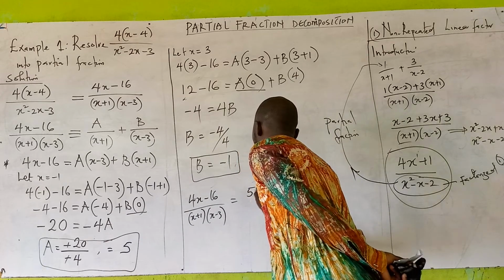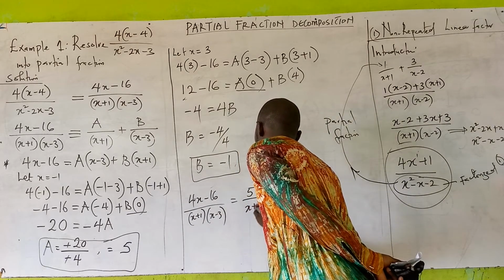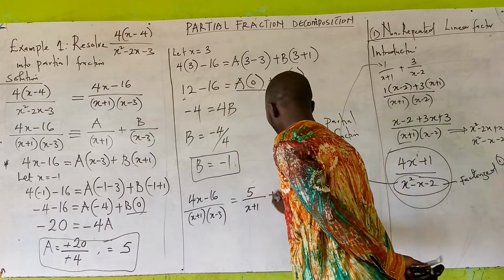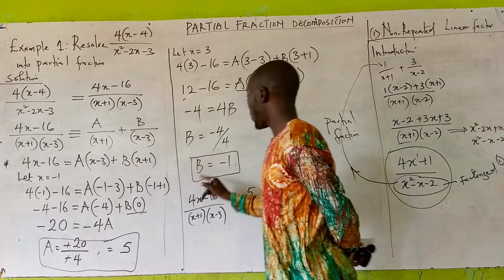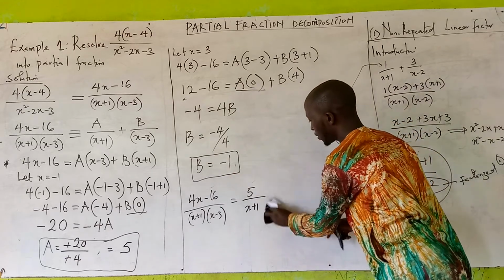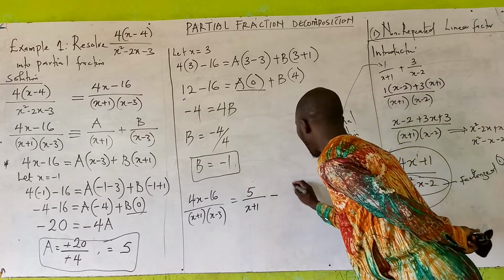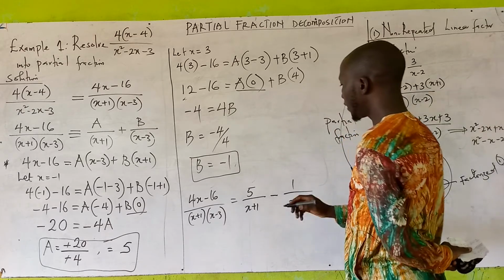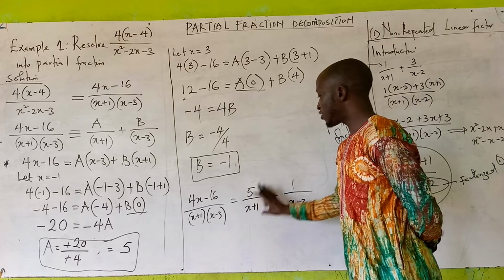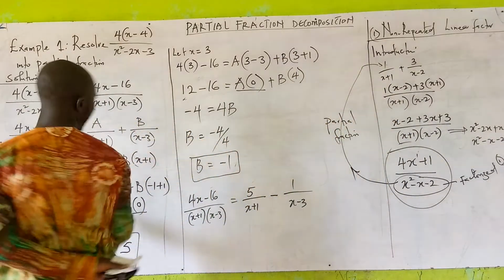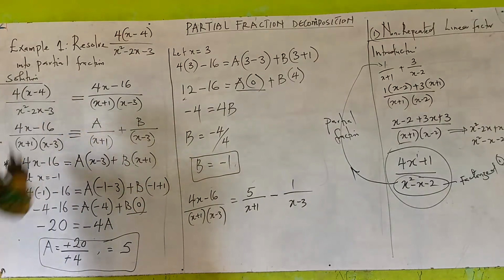So we have 5 divided by x plus 1 plus b. What is our b? Our b now is minus 1. That minus is going to affect this positive. Then we have minus 1 over x minus 3. This is the partial fraction of this fraction here. This is the breakdown of this fraction here.